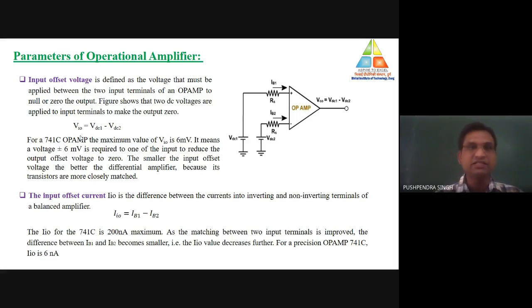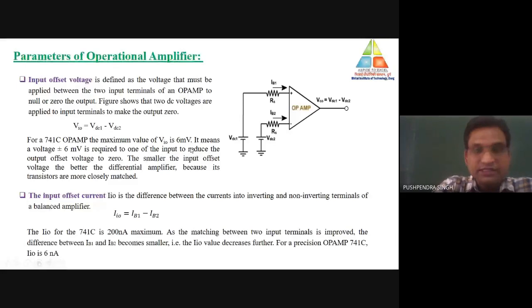So in ideal condition, the input offset voltage must be 0. In practical condition, for IC 741 the maximum value of the input offset voltage is 6 millivolt.